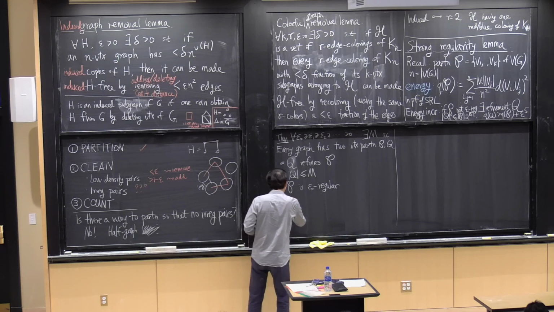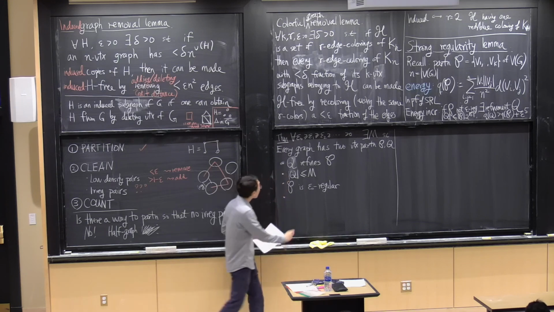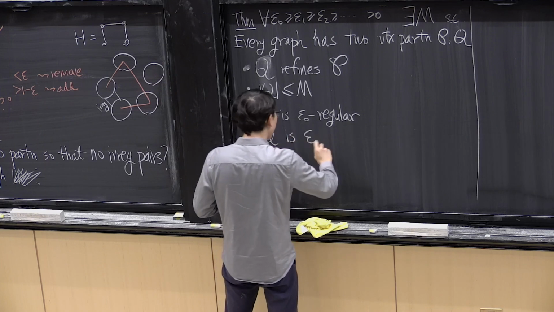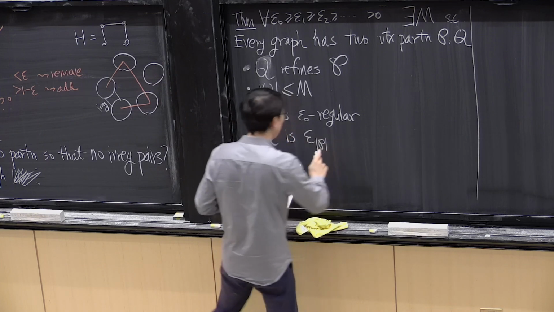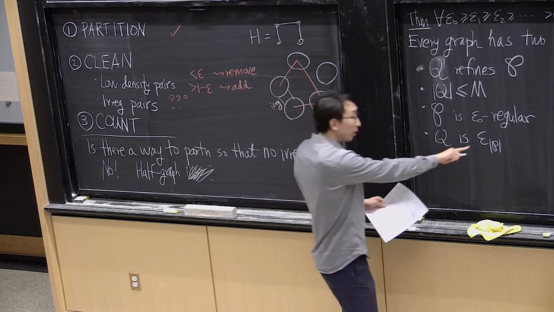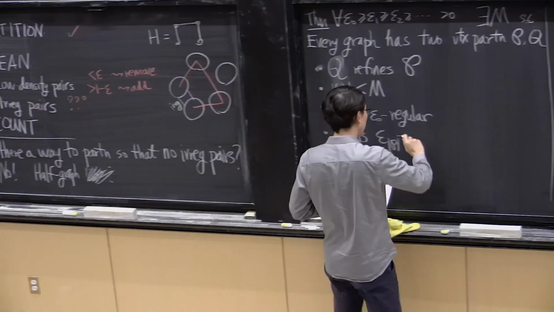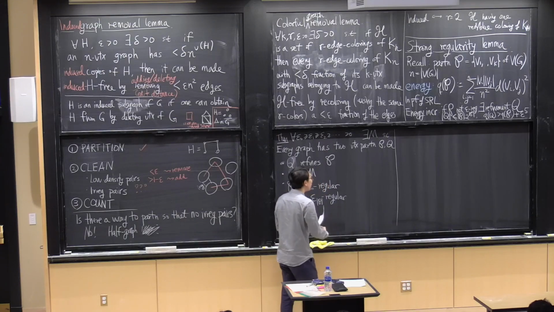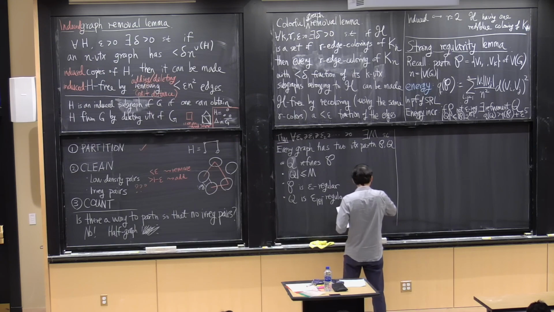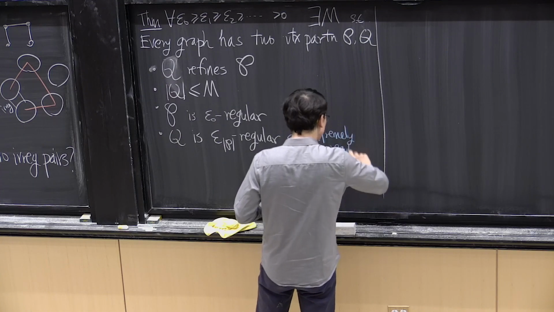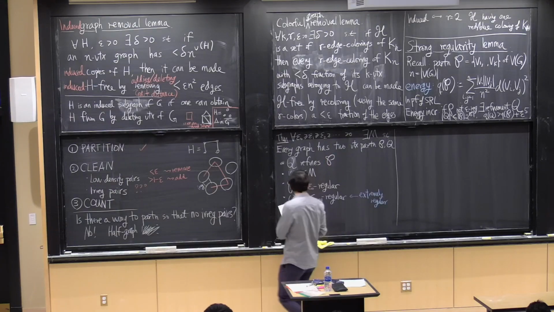And here is the new part, that's the most important one. Q is very epsilon regular. So it's not just epsilon naught regular, it's epsilon sub the number of parts of P regular. Okay, so you should think of this as extremely regular, because you get to choose what the sequence of epsilon is.